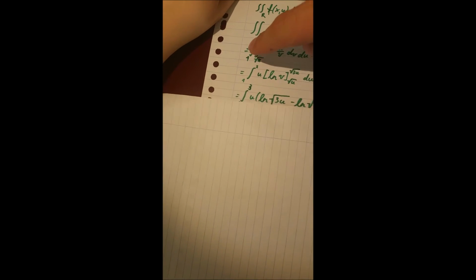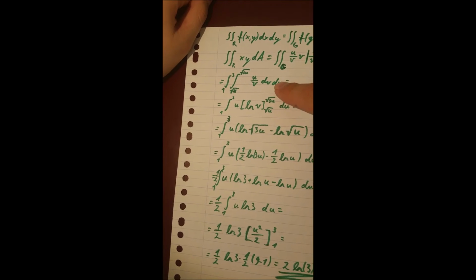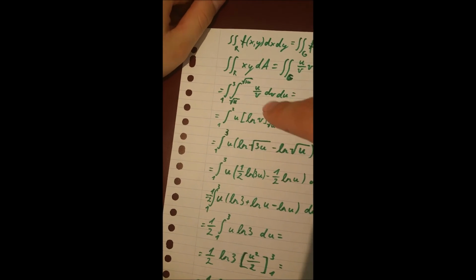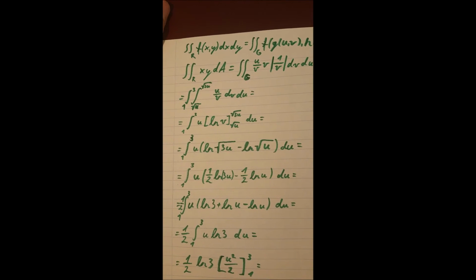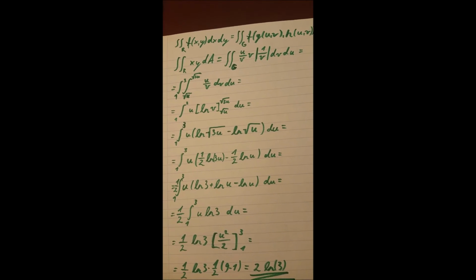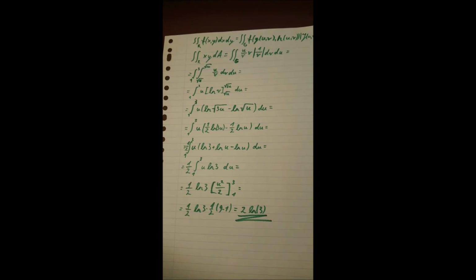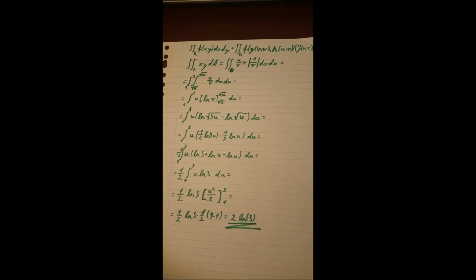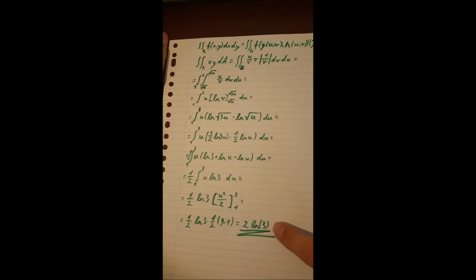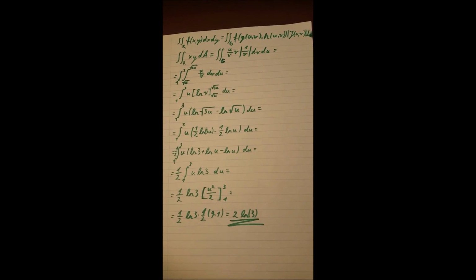We put in the boundary conditions of the u value and of the v value, and from here on it's just doing the integral. I will show you the steps for some time. And we found in the end, if we evaluate the integral, this answer, and as you can see, those are the steps.